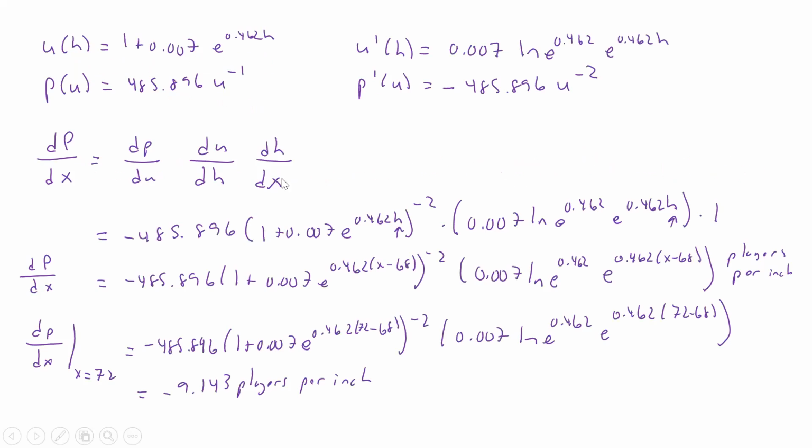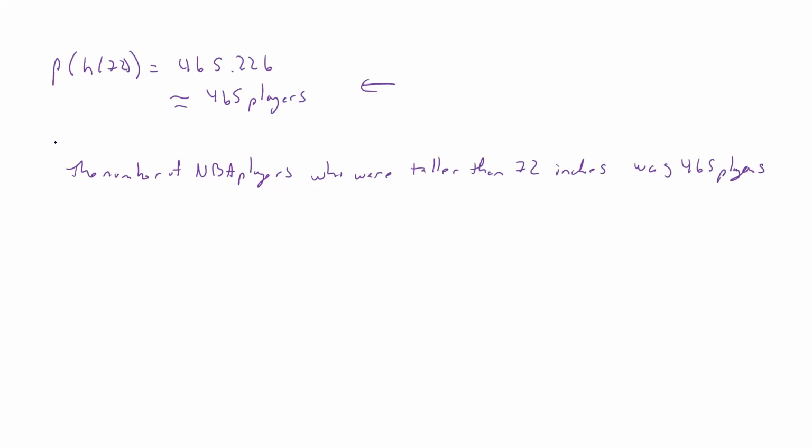And what did we get for the rate of change? The rate of change was negative 9.143 and was decreasing by 9.143 players per inch.